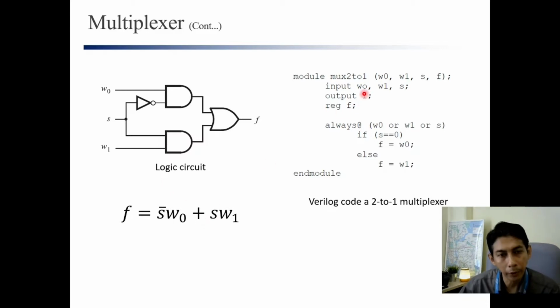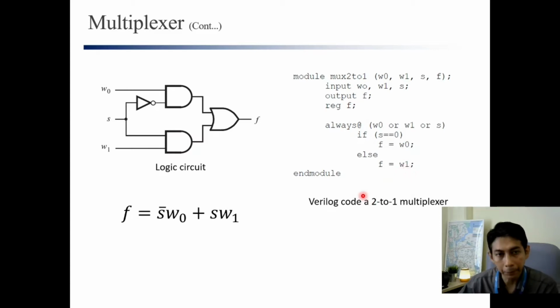We can also use, in this case, behavioral modeling. So if s equals 0, F should be W0, and otherwise we use else. Else here means that s equals 1. So in the case of s equals 1, F should be equal to W1.